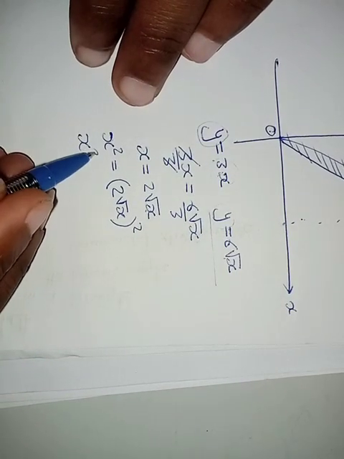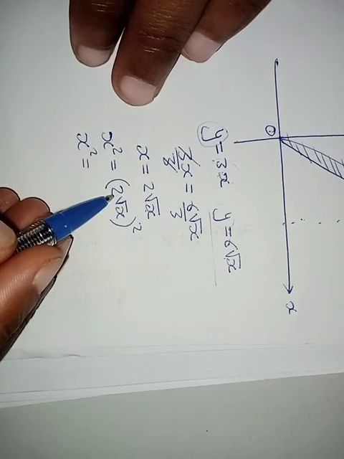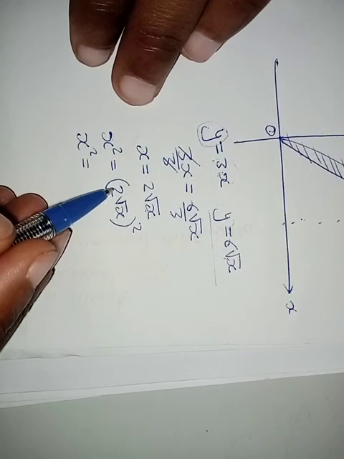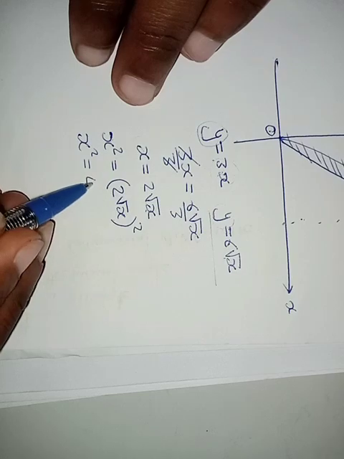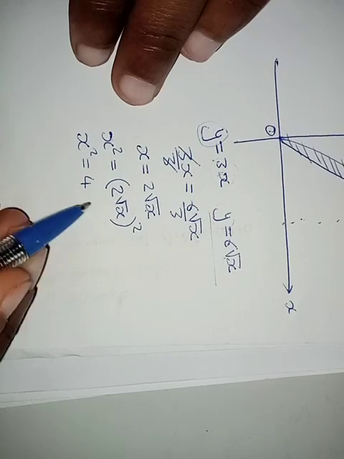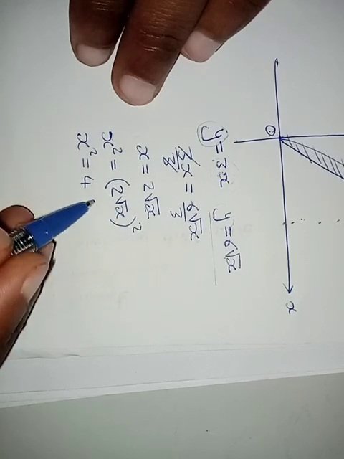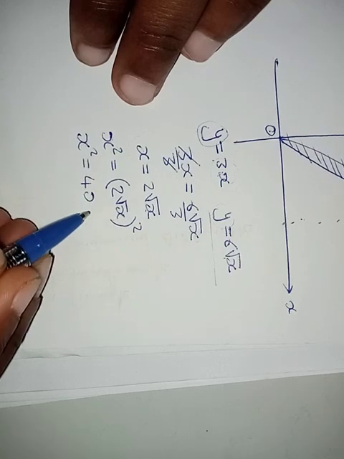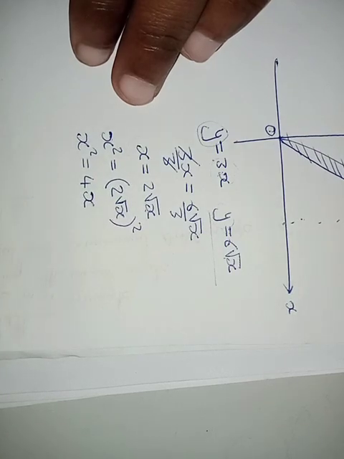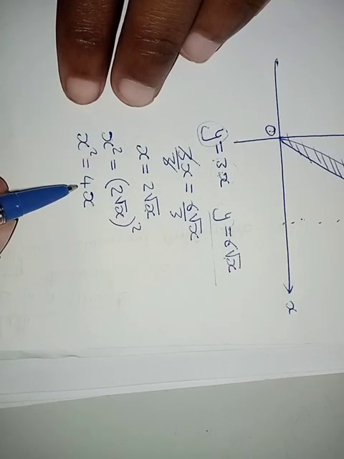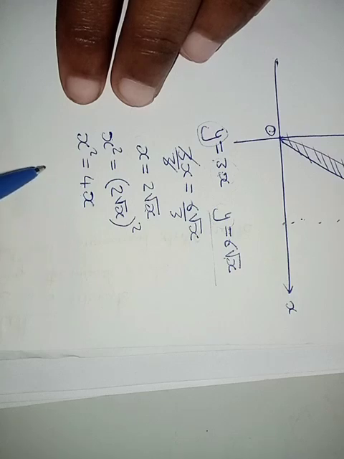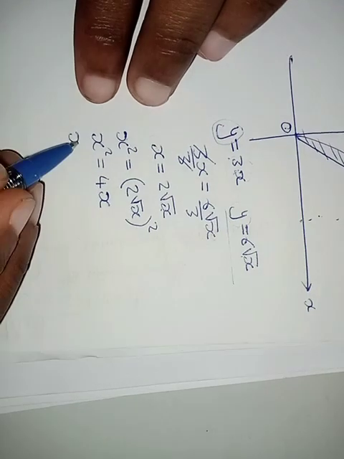So we have x squared is equal to, then by the rules of indices, we know that this is 2 to the power 2, we get a 4. Then root of x to the power 2, the root would disappear, we just remain with the x, like that. Okay, so we can collect both variables so that they should be on one side of the equation.